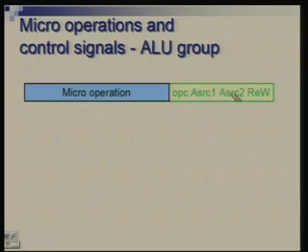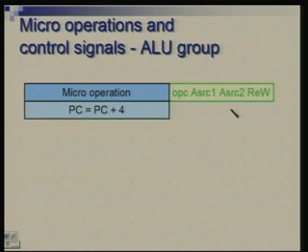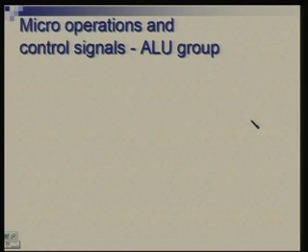Then we have these multiplexer control signals A source 1 and A source 2, and the signal which controls writing into result register. So, a micro operation which we saw earlier is appearing here also, because doing PC gets PC plus 4 influences the PC group of signals as well as ALU group of signals, because we need to ensure that addition is done here. So, OPC, we will look at later, but look at the source and get back to this diagram.